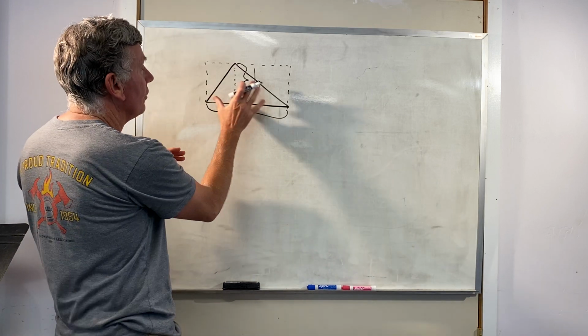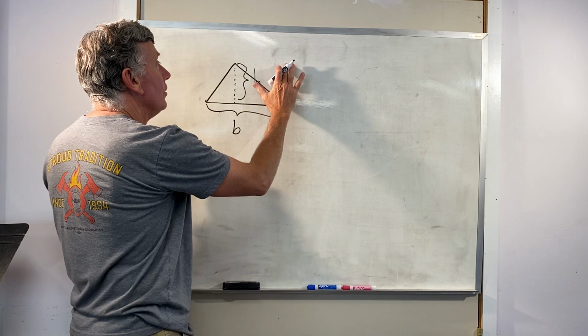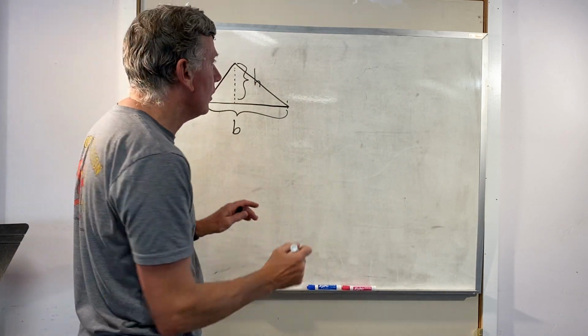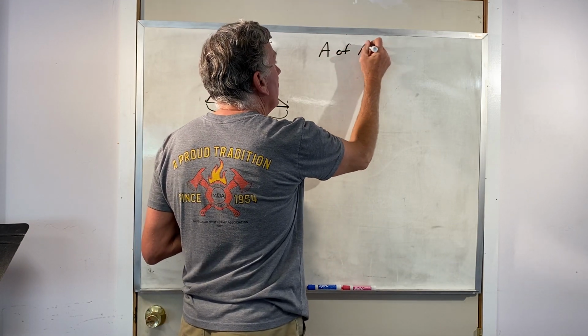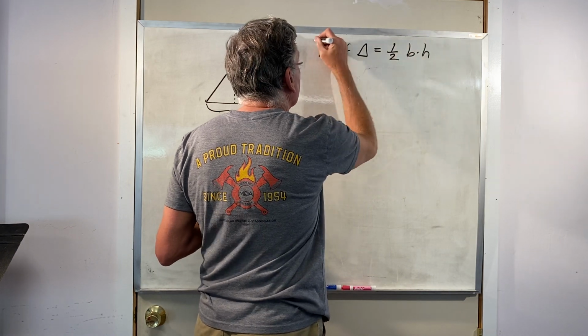But I'm only doing the triangle, so I am cutting out these two parts here, which means I'm going to take the height times the base and then divide it by 2. So that's my general formula for the area of a triangle: 1/2 base times height.